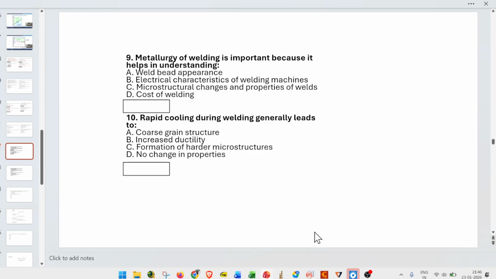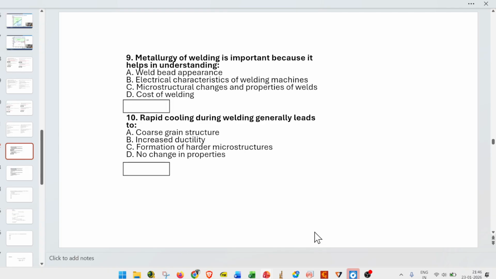Next, coming to the next set of questions. Metallurgy of the welding process is important because it helps in understanding why metallurgy is important. Welded appearance?